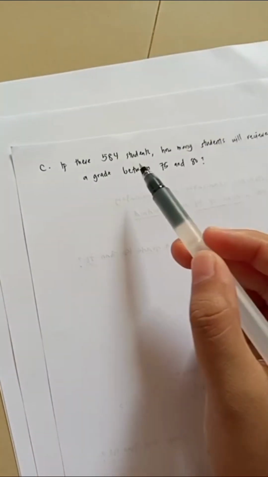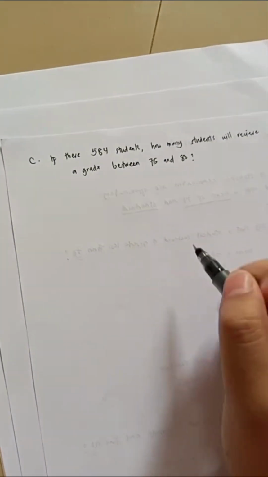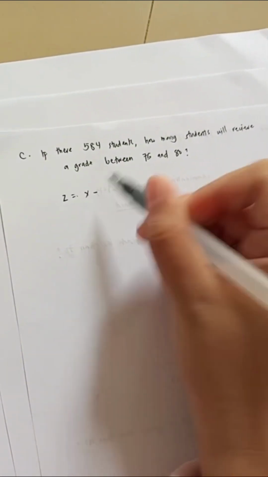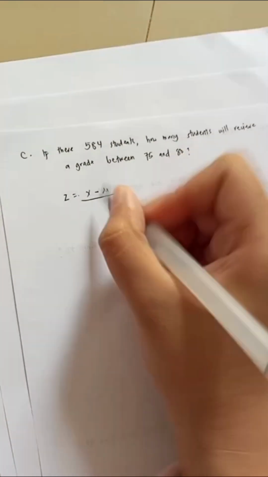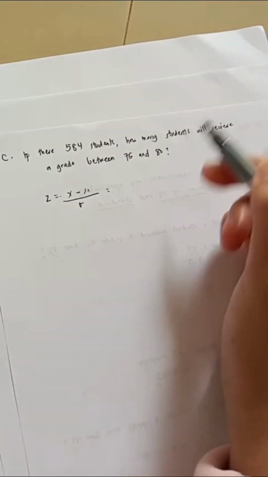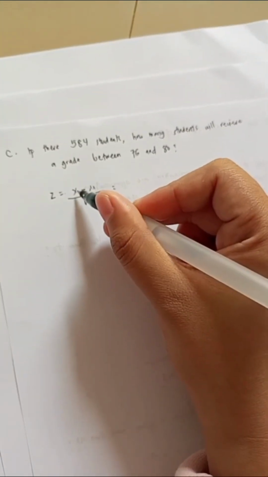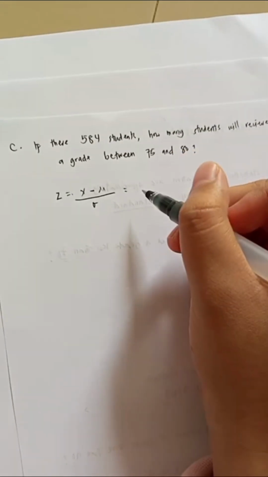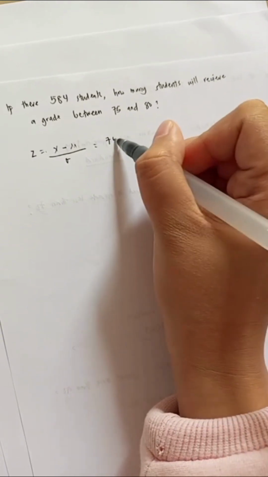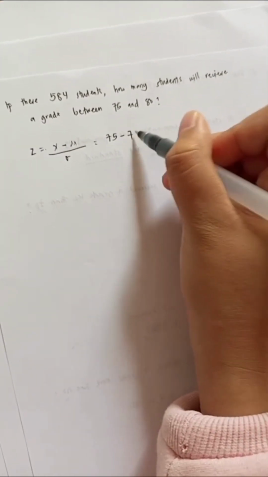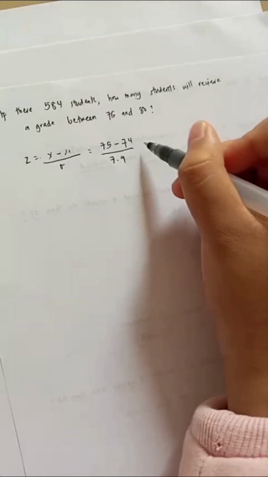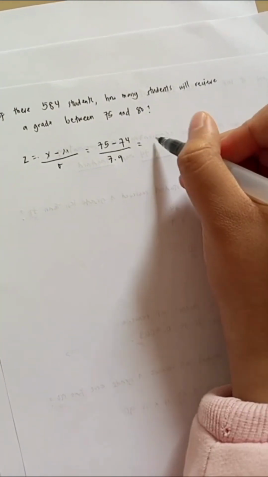Letter C. If there are 584 students, how many students will receive a grade between 75 and 80? So in this problem, we assume that our x1, x sub 1, and x sub 2 is 75 and 80. So still, we will be using our z-score formula and isa-substitute natin ang x. So it becomes 75 minus 74 divide 7.9.